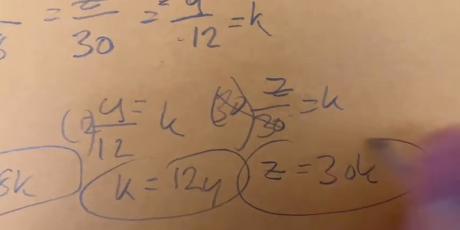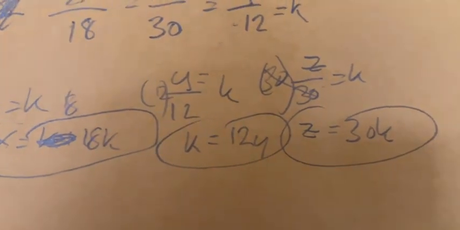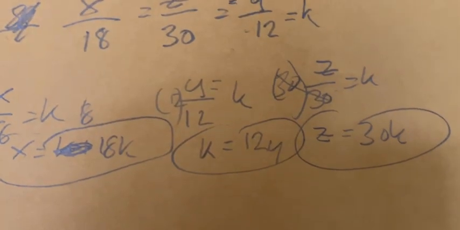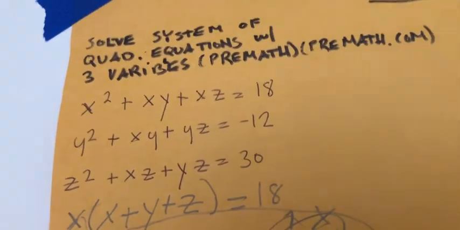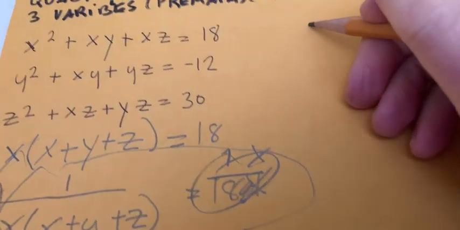Okay, all right. Now this is important. This will get helpful later. Okay, so now we plug in K. And you're gonna hate me. So we're gonna go back to this one.